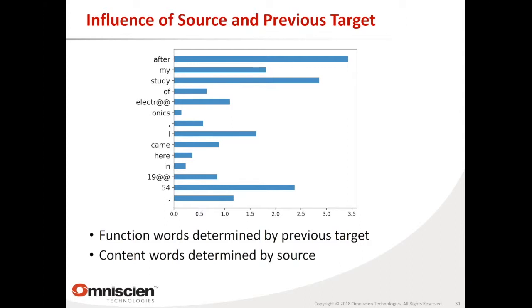So the wider the bars here, the more they are affected by the source. What you see here confirms our intuition of what should be happening. If you look at words like 1958 or electronics, you see wider bars there, so these are more informed by the source. While function words like comma, in, here, off are less informed by the input. So they're more driven by the fluency of the model.